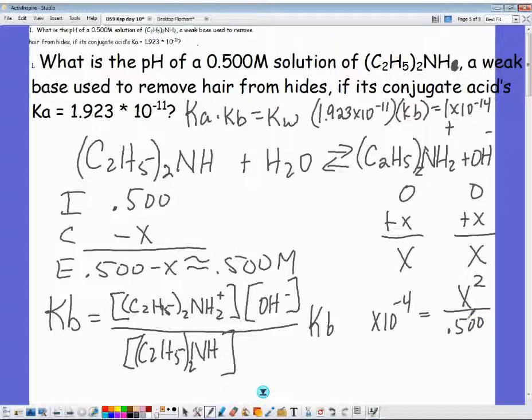I get a value of 5.2 times 10 to the minus 4. When I put that in my Kb expression, I'm going to put x on top and x on top and 0.5 on the bottom. So when I go to do my plug and chug, this is what it's going to look like. Agreed with that statement?